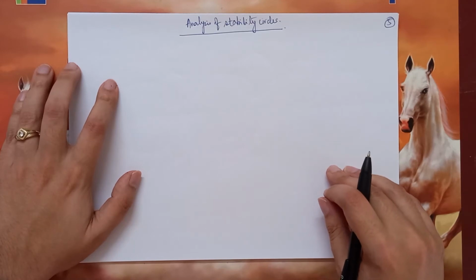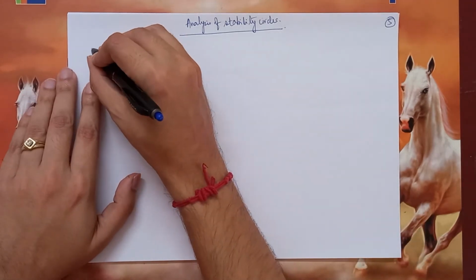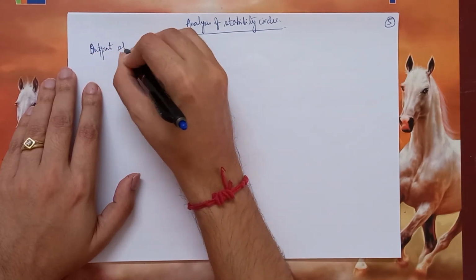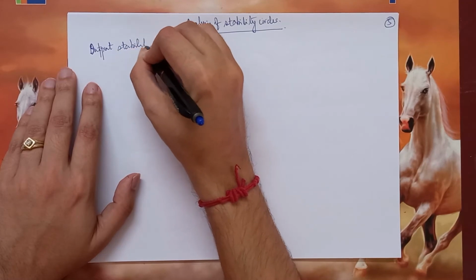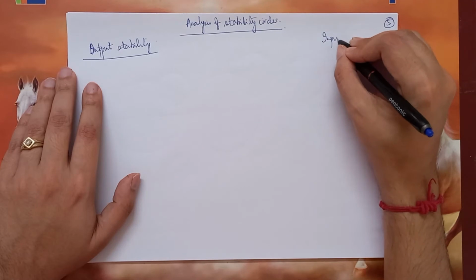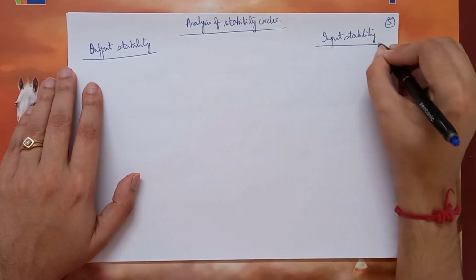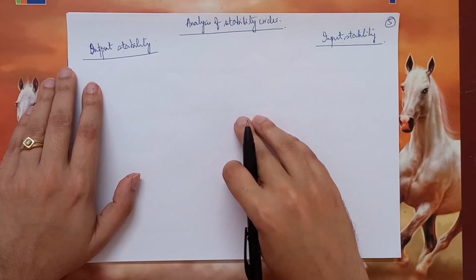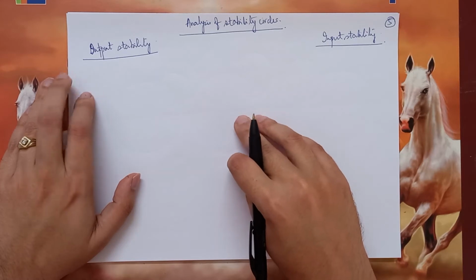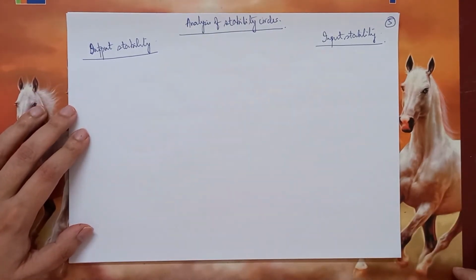Analysis of stability circles. Let us consider first output stability. Then we'll go for input stability. Let us consider some cases.